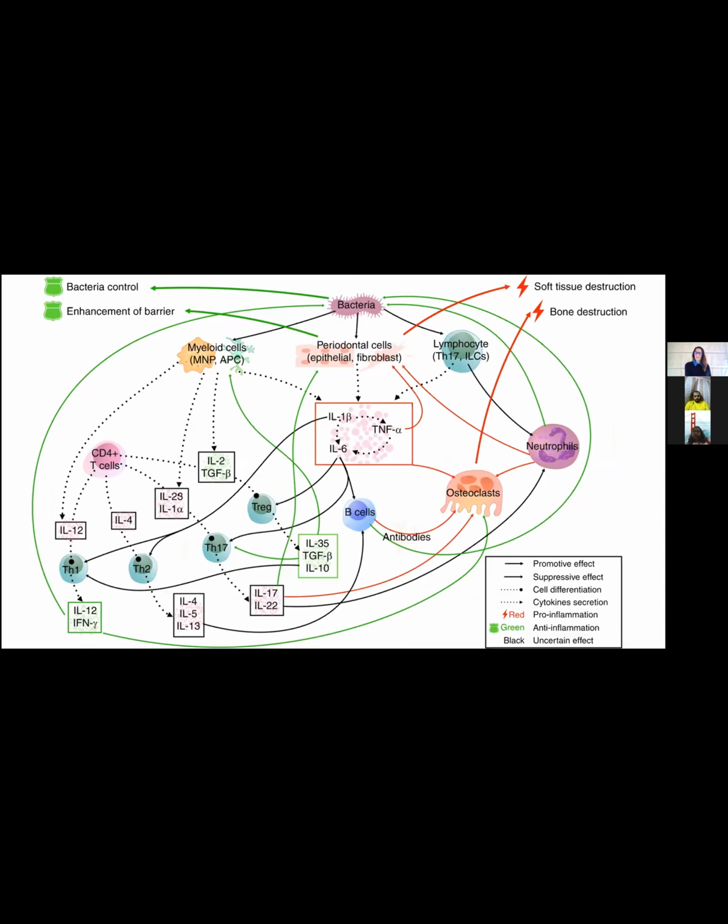This is what causes the secretion of interleukin 17, and interleukin 17 is what causes the tissue destruction. So this is the lymphocyte Th17, and we have interleukin 17. That is the adaptive system, but this is our innate system. So our focus should be to control the hyperimmune response, mainly interleukin 1, 6, and tumor necrosis factor alpha.